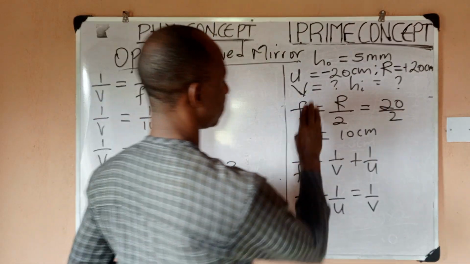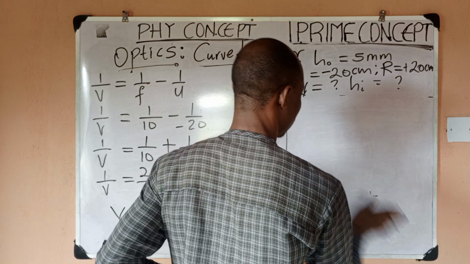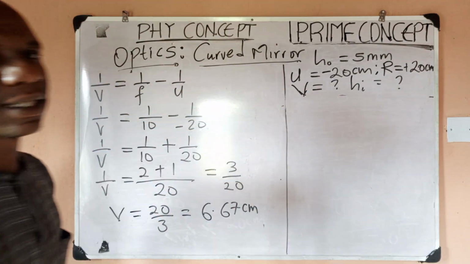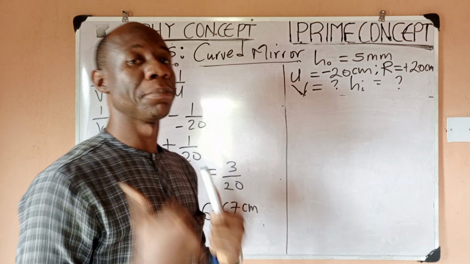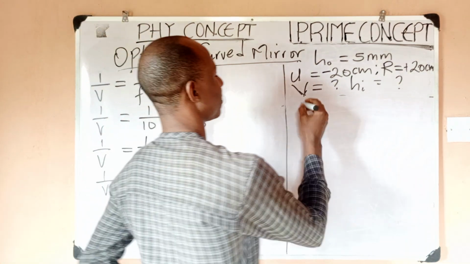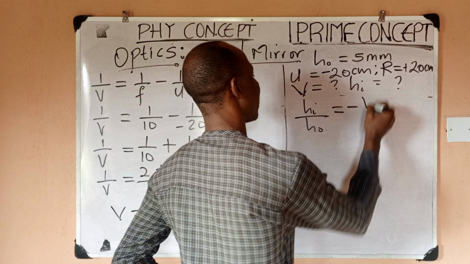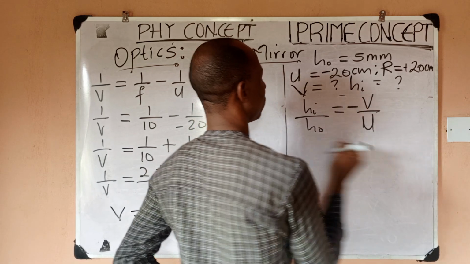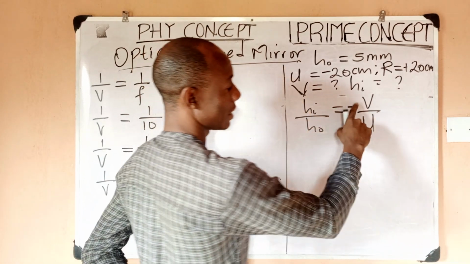Now, the second part of the question said we should find the height of the image. So I'm going to use the formula I know for magnification. We know that magnification is hi over ho equals minus v over u. Magnification is hi over ho. Magnification again is minus v over u.